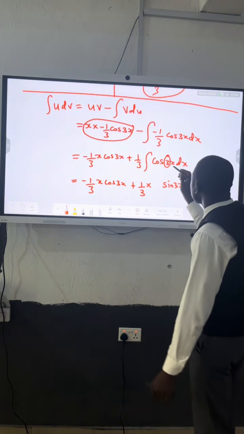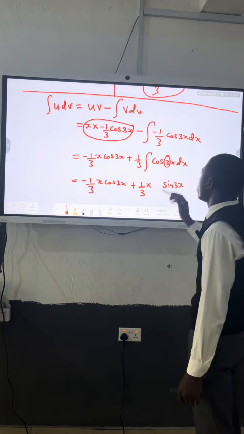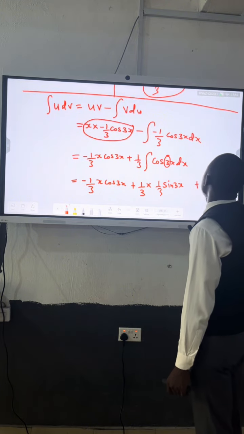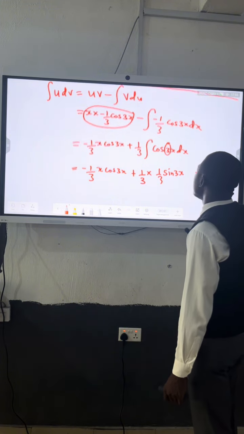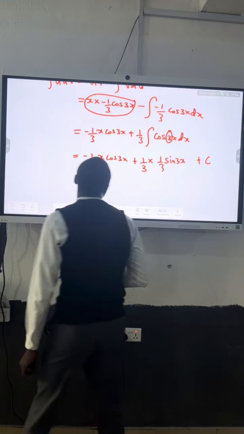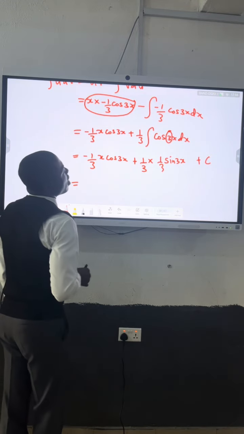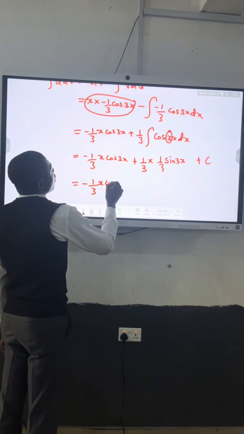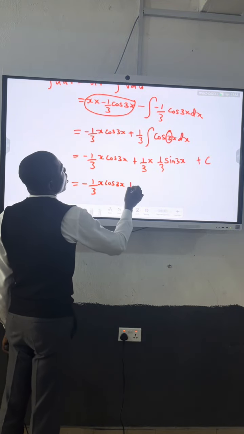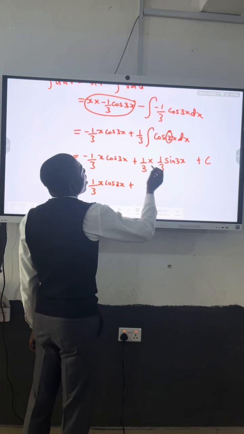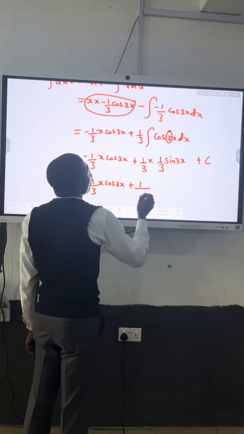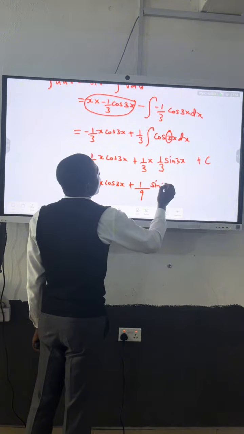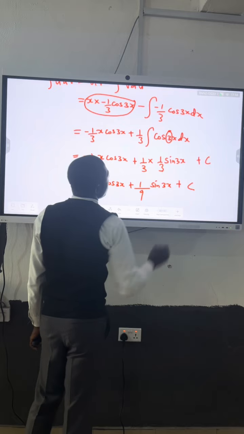Take the reciprocal of this constant that is at the front here. So we have it as this. Now, when you finish, plus a constant of integration. Now, let's arrange our answer finally. Negative 1 over 3 x cos 3x plus, so over here, 1 times 1 gives 1, over 3 times 3 gives 9. Then you have sine 3x plus c.